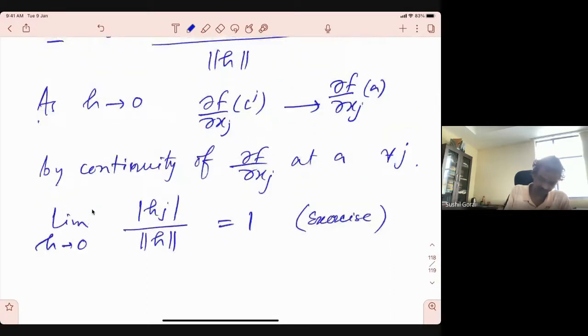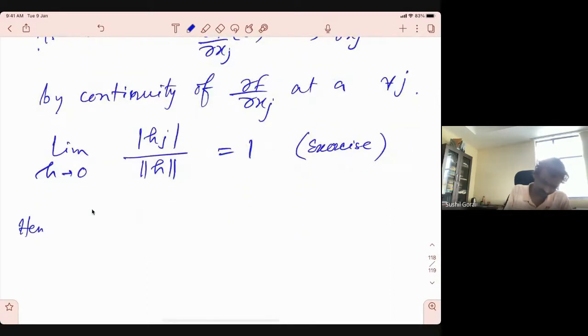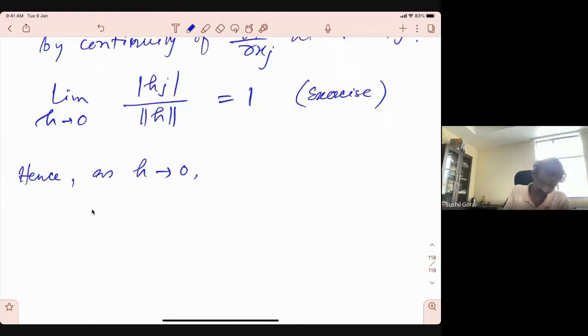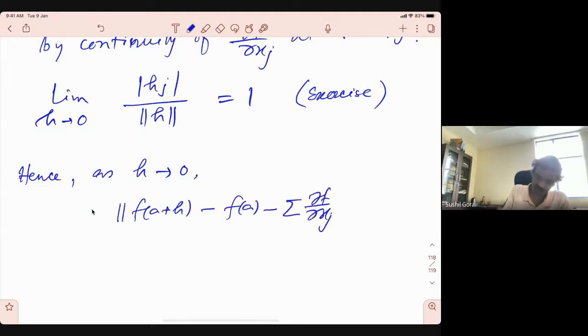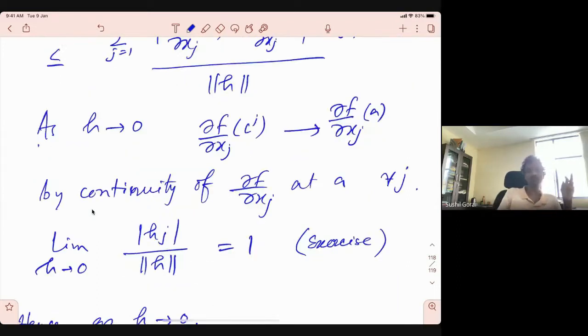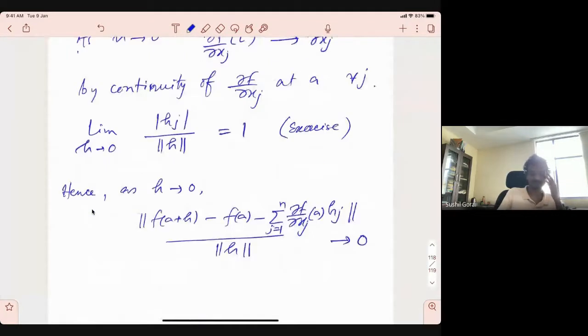All right, so hence as h tends to 0, limit of the norm of f of a plus h minus f of a minus summation del f by del xj at a hj, j from 1 to n, divided by norm h goes to 0. Is it clear? Yeah.